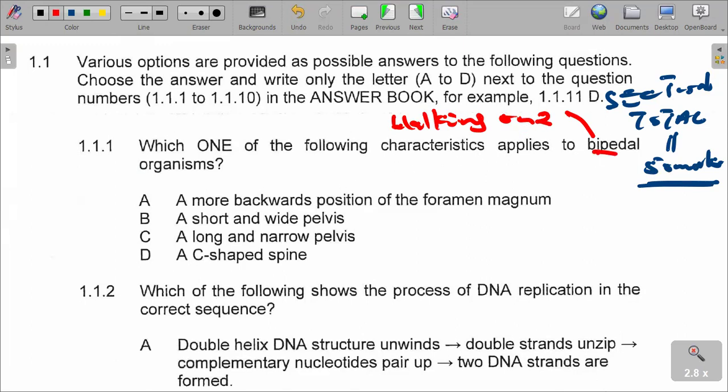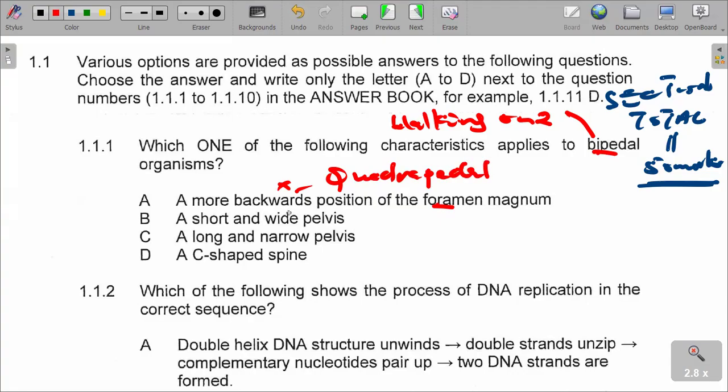So now, which one of the following applies to a bipedal organism? A more backward position of the foramen magnum. It is not backward, it is a forward position. When you look at the opening, that is the foramen magnum, it is in a more forward position, not backward. Backward position is for quadrupedal.